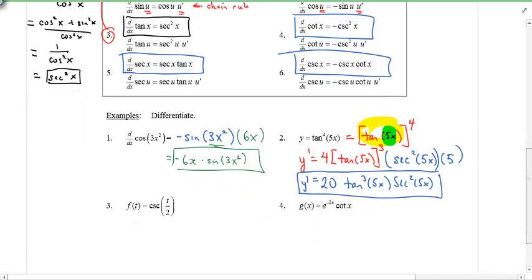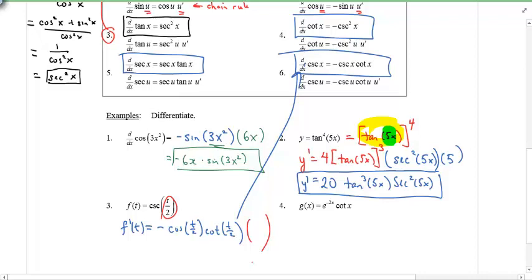Number 3, cosecant. That's number 6 over here. The derivative of cosecant is negative cosecant of the function times cotangent of that function. That's from number 6, by the way. Then, because we have a function within the function, we have to use chain rule.